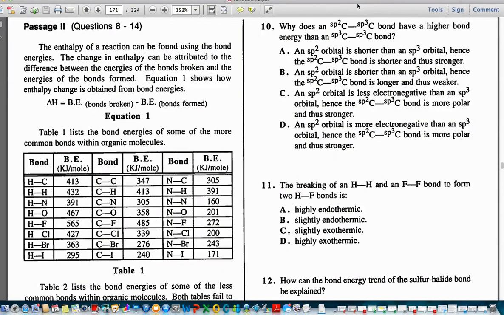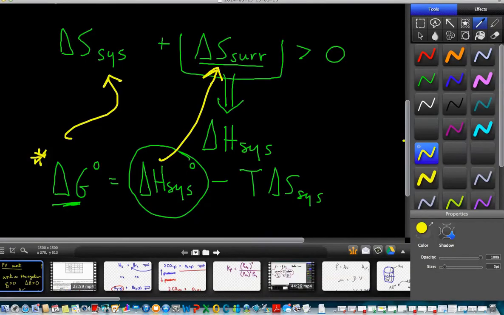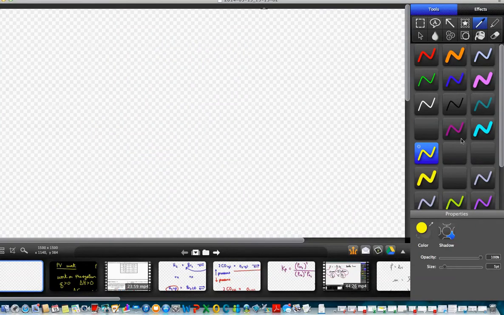So we're looking at passage 2 in the Berkeley Review. We're in TBR G-Chem 2, Section 3.